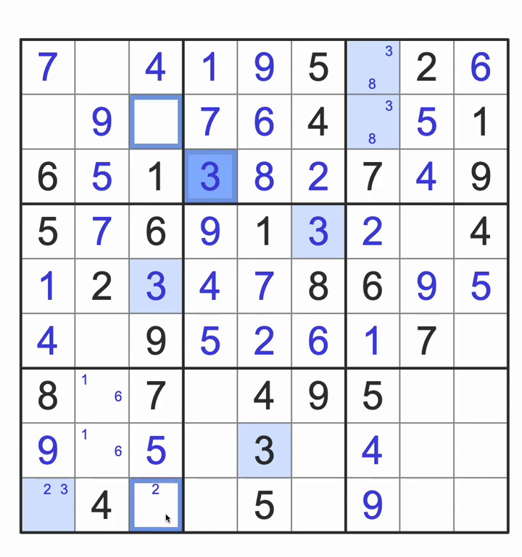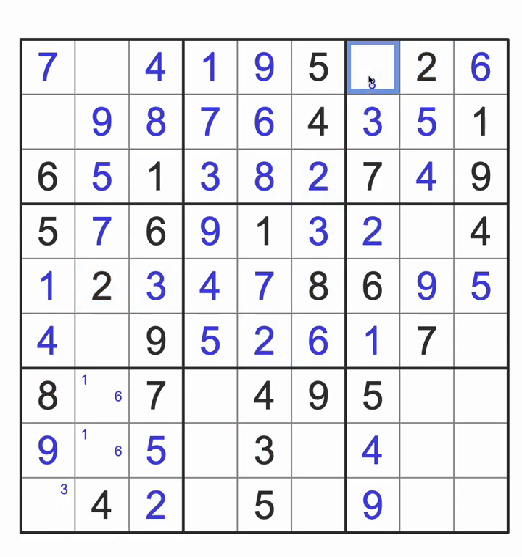And these are 2 and 8, but 8 is here, so this is 2 and this is 8. That gives me 3, 8, 3 and 2, and that gives me 3 here, 8 here, and 8 and 3.